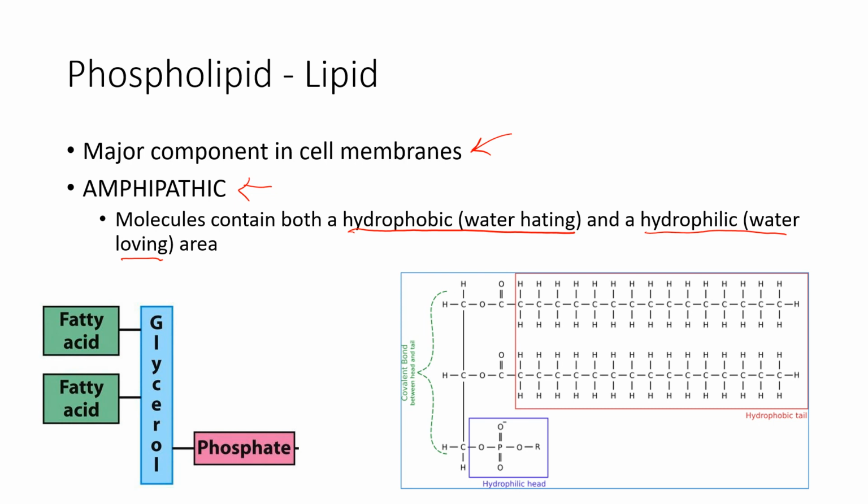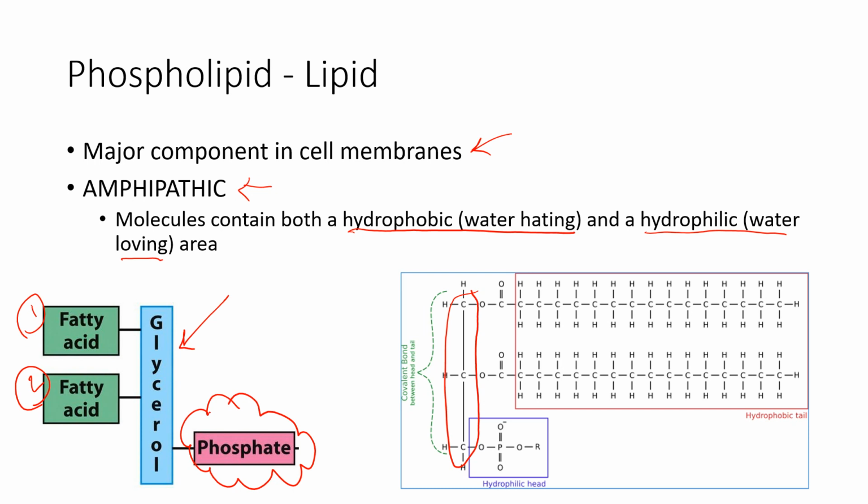So it's one of those, kind of got both parts going on, where we said most lipids, all lipids, can't stand water. This one actually has a part that does like it, but it's got one that doesn't as well. So what is it made of? It's made up of a glycerol molecule. Remember that three carbon molecule where everything gets attached to. And then it's got two fatty acids attached, a fatty acid number 1 and a fatty acid number 2. But instead of having that third carbon attached to a fatty acid, it's actually attached to a phosphate.